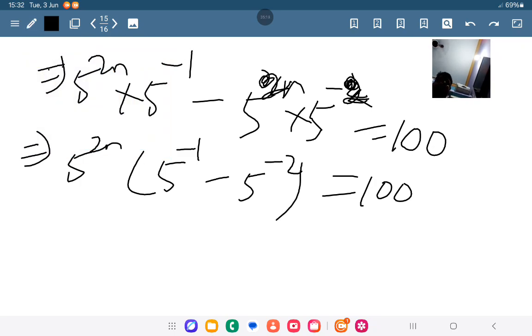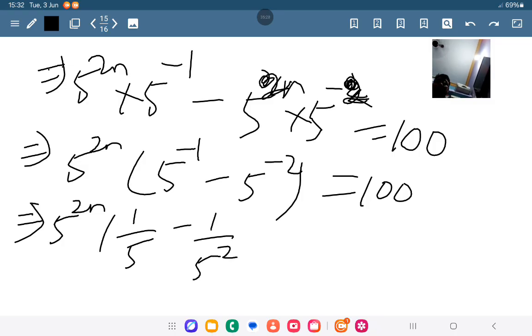Understood? So this implies 5 to the power 2n into (1 by 5 minus 1 by 5 to the power 2). The negative power, just make it reciprocal, then the power will be positive, is equal to 100.